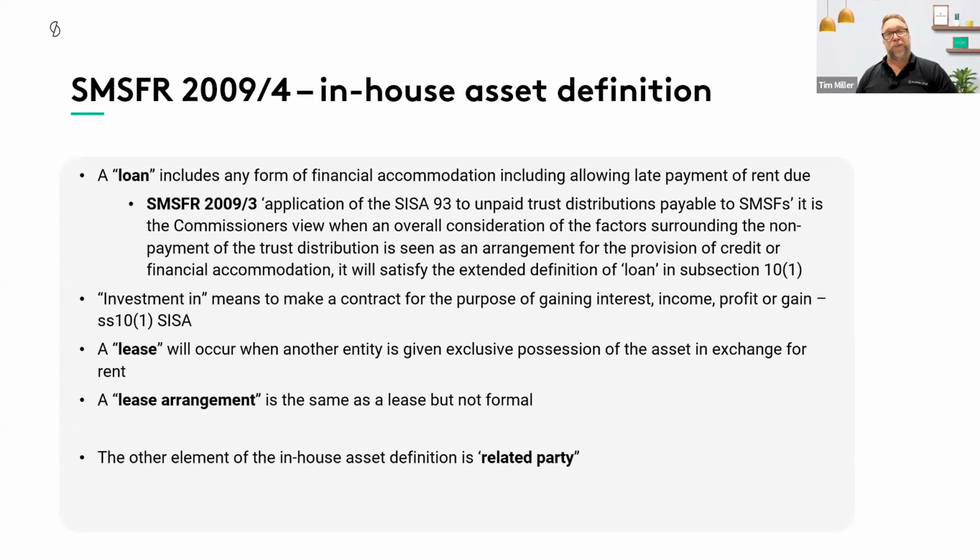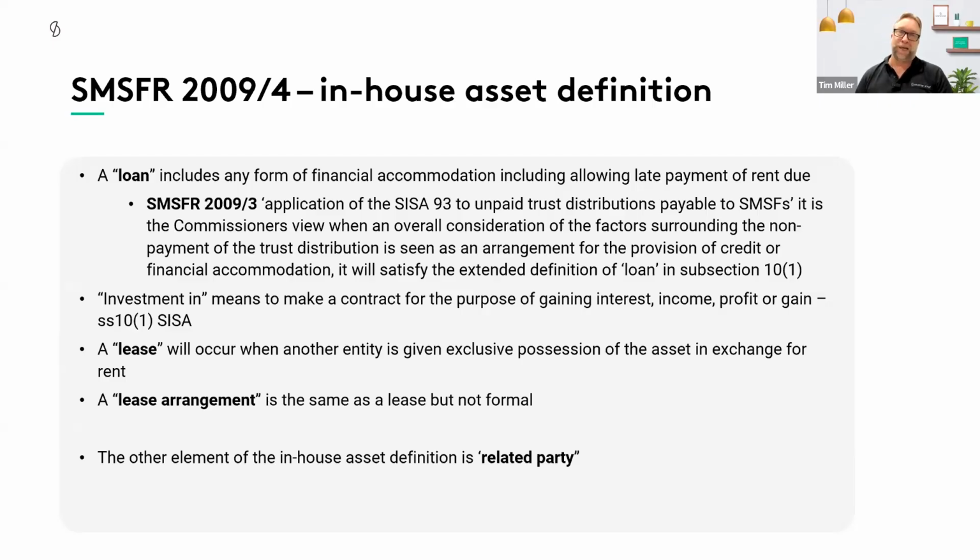And a lease arrangement, this was again fairly prominent in the pre-collectible and personal use asset days, where we used to talk about self-managed super funds that would own artwork or other kind of antiques and things, and they would effectively display them at their home, for want of a better purpose. And then the question would be, well, one, you shouldn't be doing that because you're getting a current day benefit.